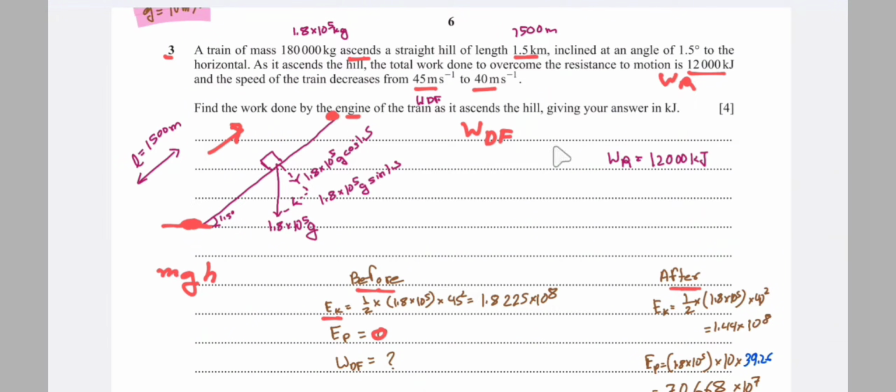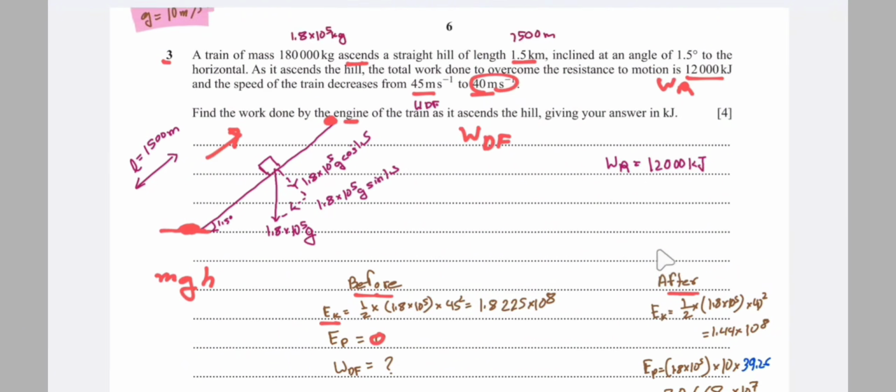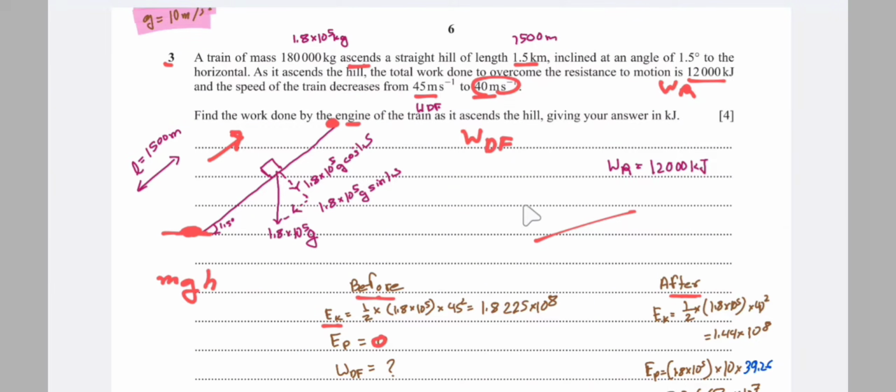And at the topmost point, what is the kinetic energy? We have been given the speed, so by using the speed, kinetic energy is equal to half mv square. Then the gravitational potential energy. What is its value? We know the length of the hill, that is 1500 meters, and we know this angle is 1.5. So what is the vertical height?